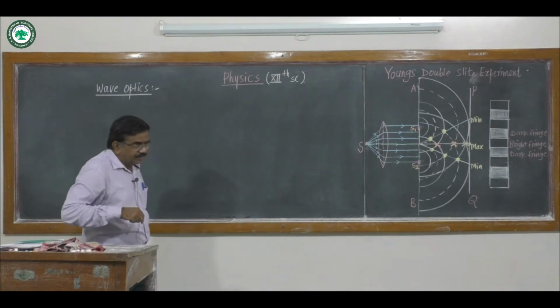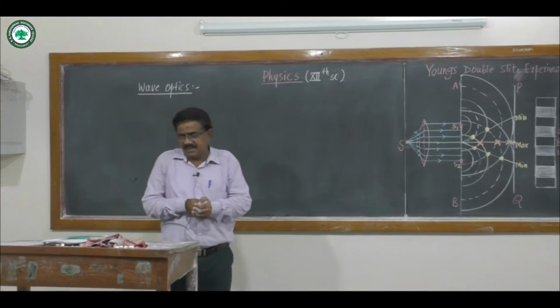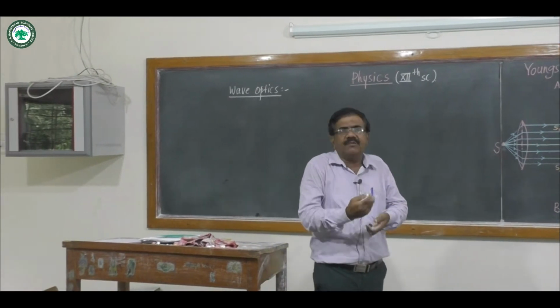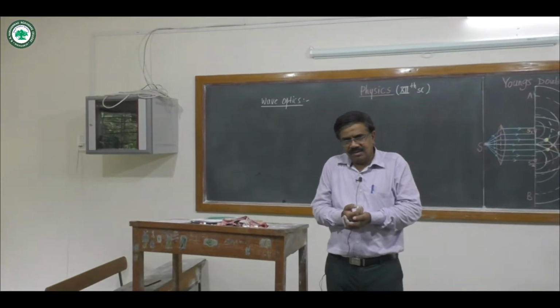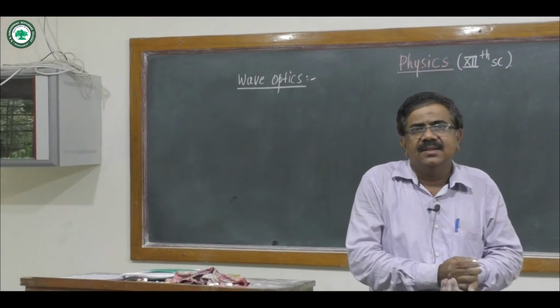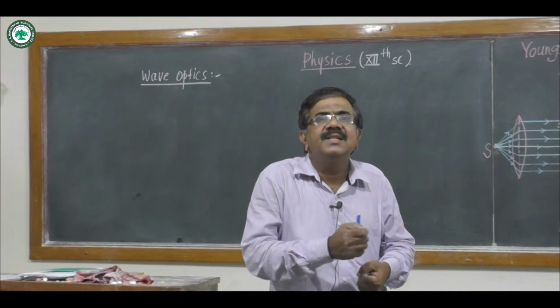Today we study the articles from chapter Wave Optics. You know interference of waves: the modification in the intensity of light produced due to superposition of waves is interference.